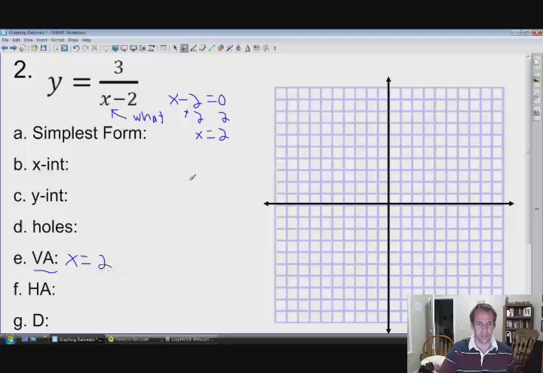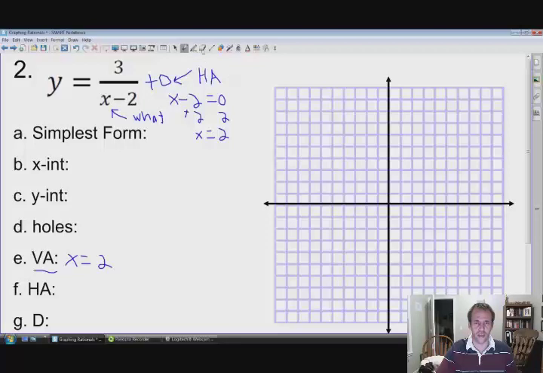Nice. Vertical asymptote x equals 2, and then the horizontal asymptote, if it's a simplified equation only, then it's going to be the number that's connected to the equation. Remember, this is only if it's a simplified equation like we've done in the past. Excellent. And so it's going to be 0, because this number right here is the horizontal asymptote.